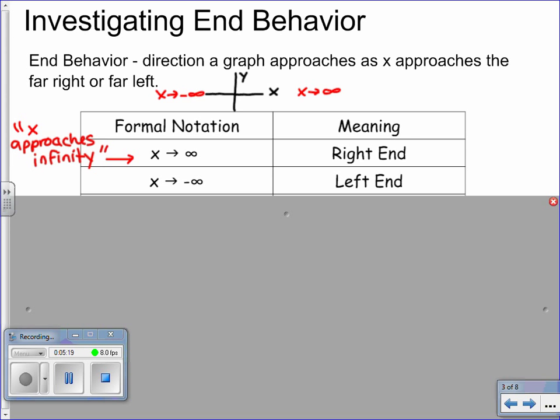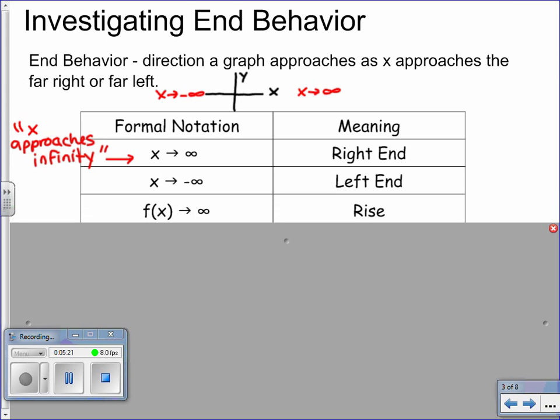So our first formal notation for end behavior is f of x approaches positive infinity. If f of x approaches positive infinity, that means that side of the graph is rising. It's going up towards positive infinity.